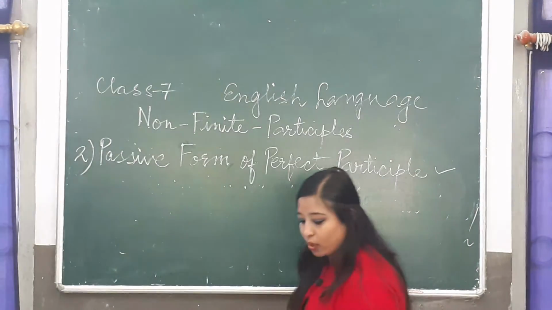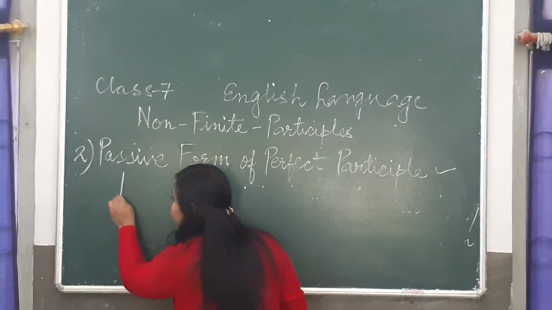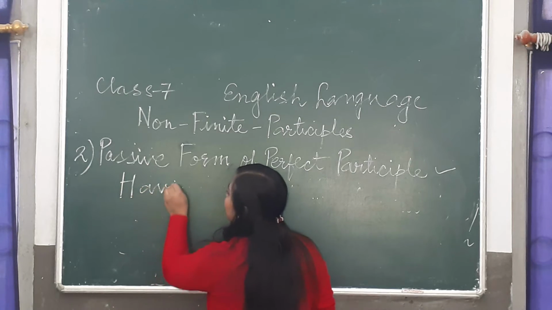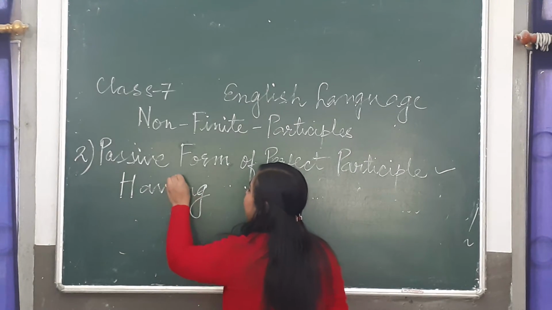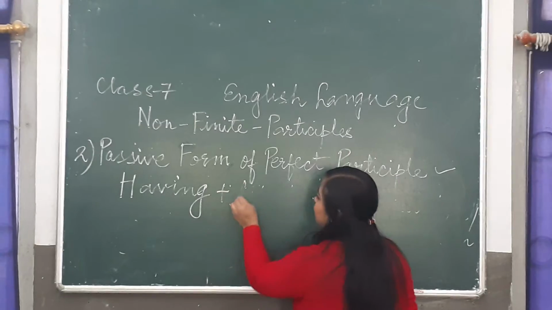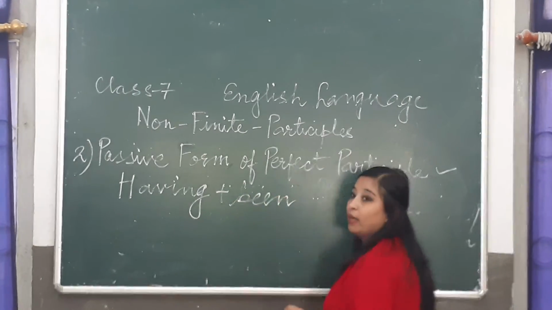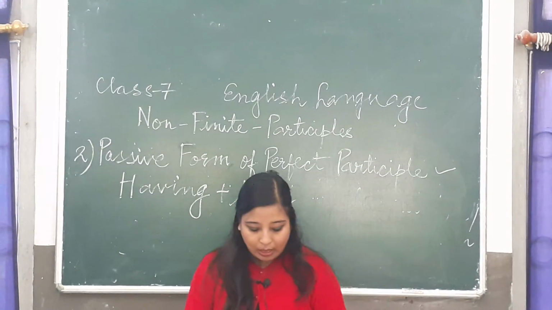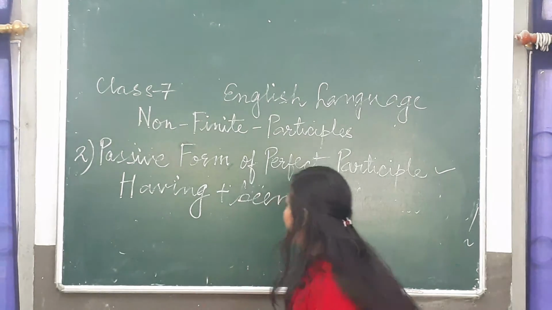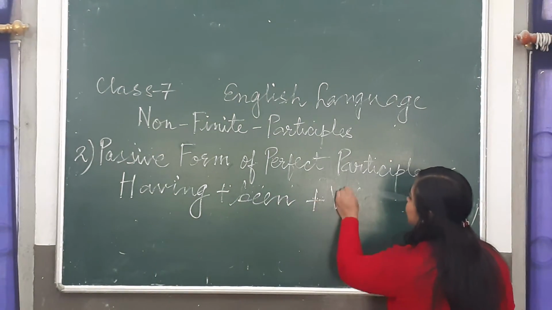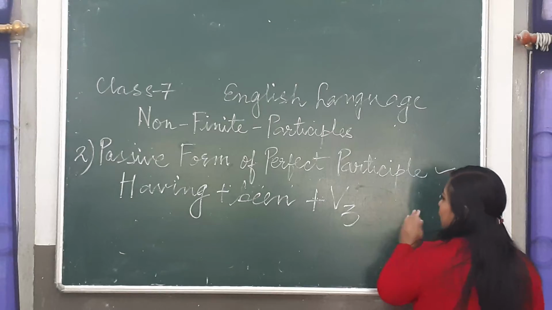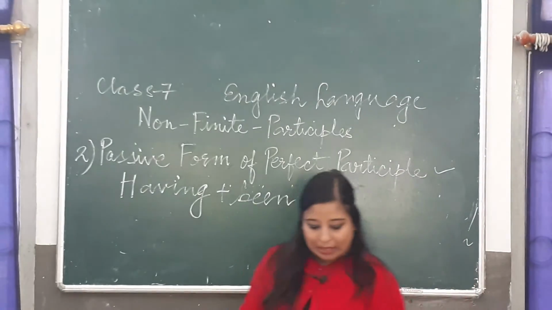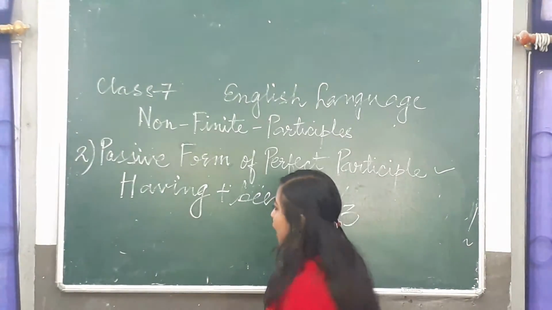Over here, the structure goes like this, children. You'll have to begin with having, and then you'll have to add been also. Okay, in the passive, you'll have to add been, and the third form of the verb, the past participle. So the sentence goes like this.